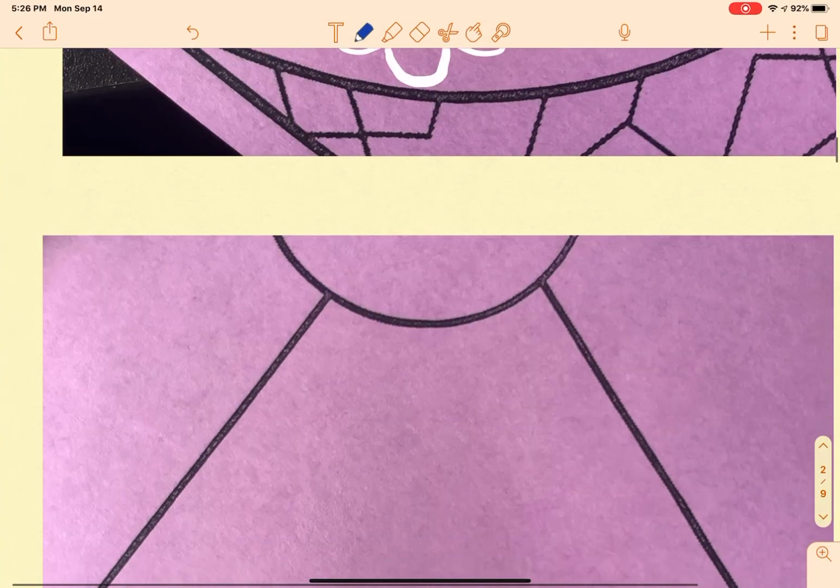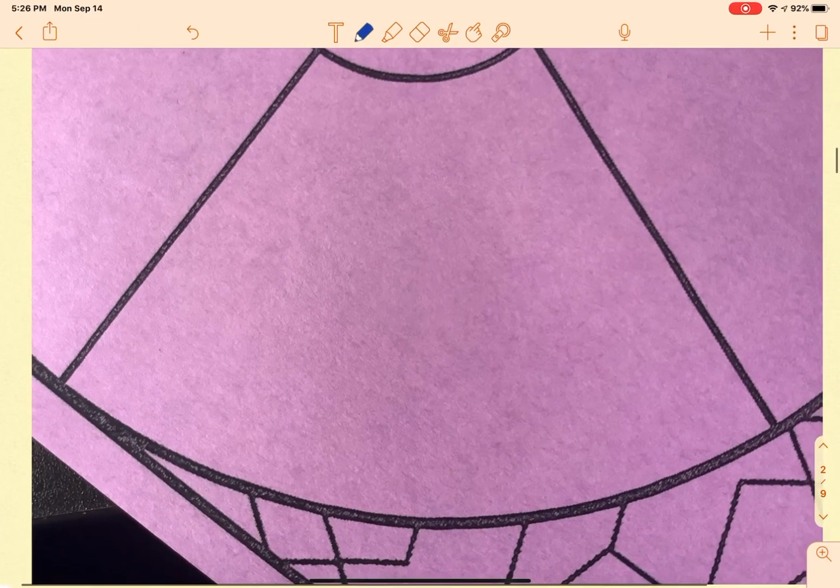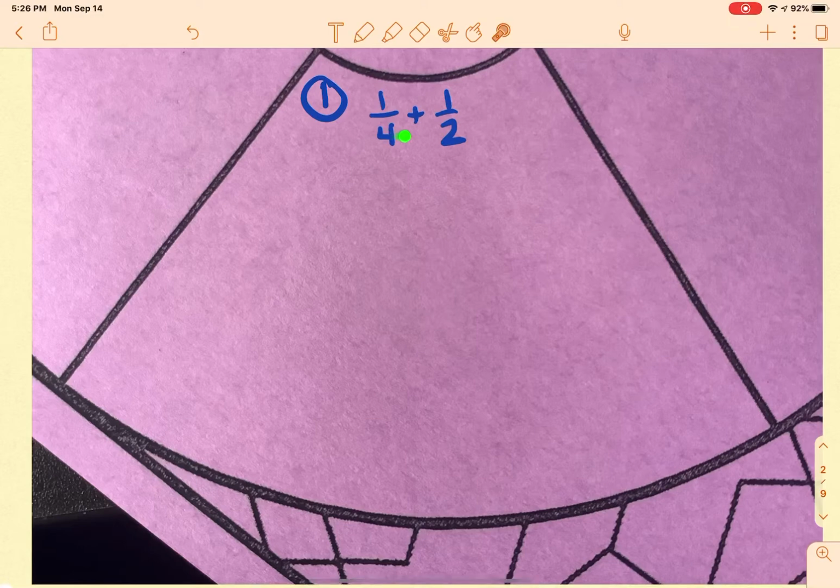Okay, so I'm going to go to my next part of the circle, and here's my first one. So my first one is 1/4 plus 1/2. I can tell by looking at these that the denominators are not the same. So the first thing that I'm going to do is rewrite the fraction so it has lots of room around it.